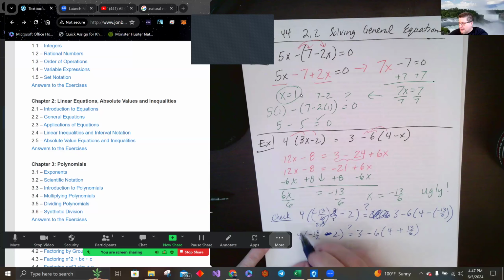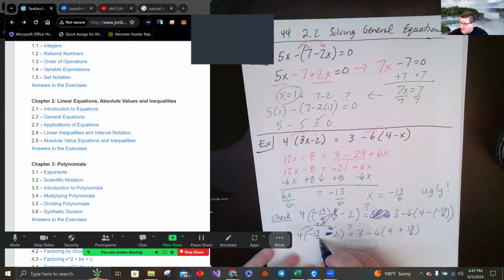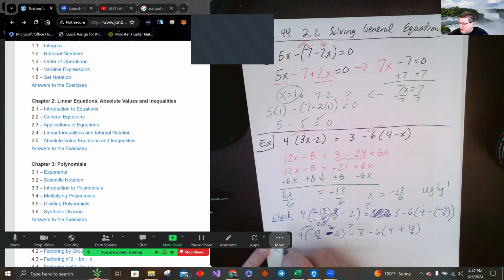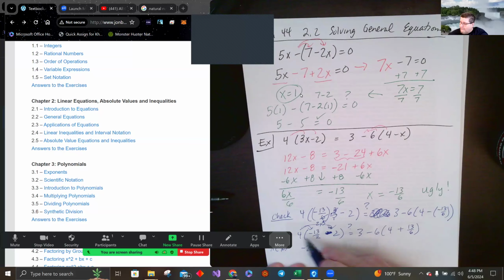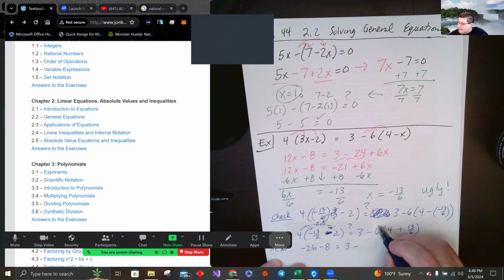I'm going to do the distributing thing. 4 times 13 over 2 with a negative. 4 is 2 times 2, so a 2 cancels. And I've got 2 times 13 is 26, and it's negative. And then 4 times negative 2 is negative 8. I'll distribute the 6 here. 6 times 4 is negative 24.